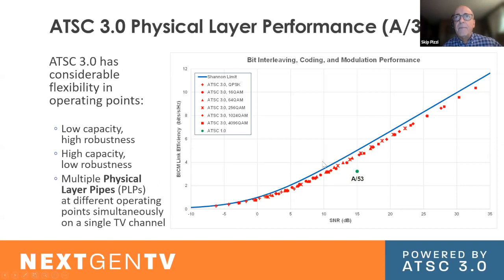But you can go up or down from there, turning up the capacity, reducing the robustness, in other words, requiring a higher carrier to noise level, all the way up to 30 plus megabits per second. And that's just with a single use of the channel.